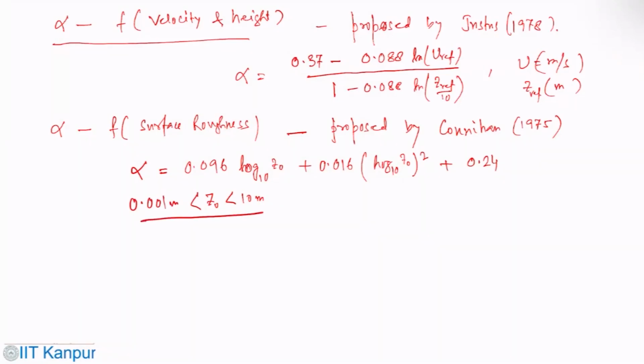This is the range of validity, where Z naught is the surface roughness, which is in meter. So you can get this.